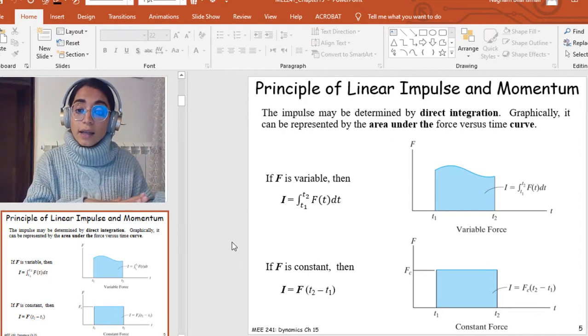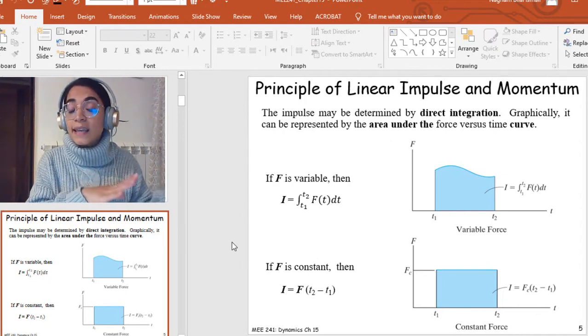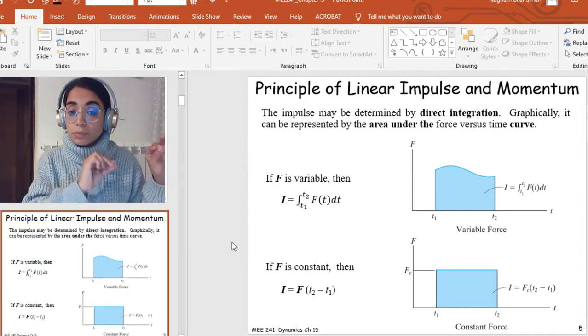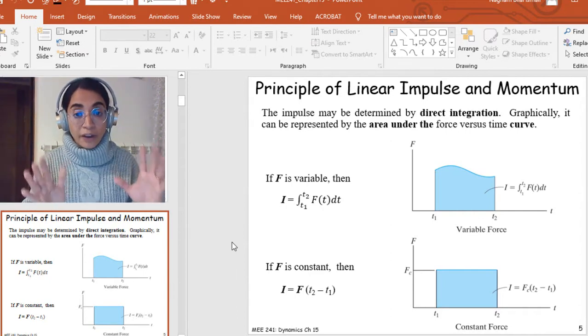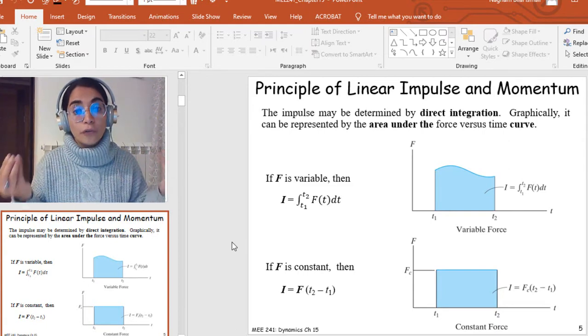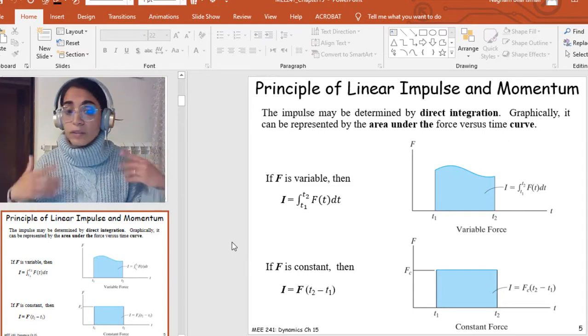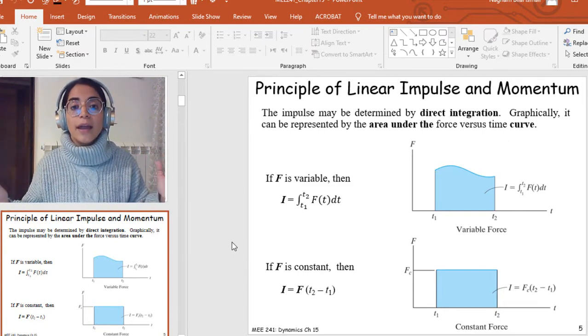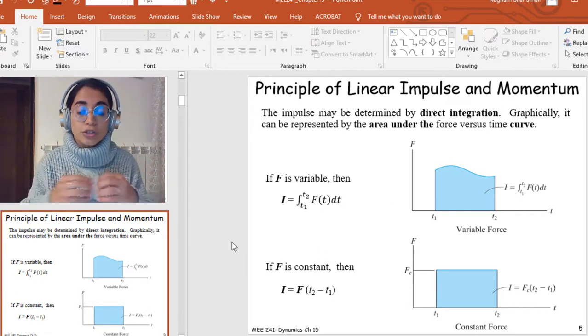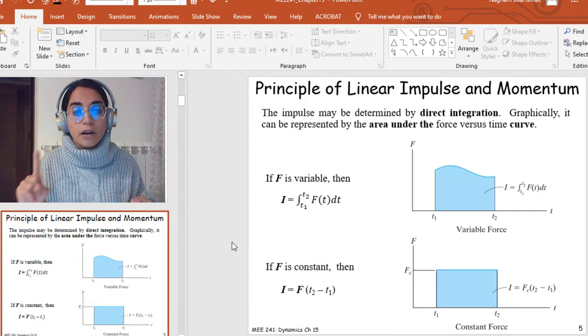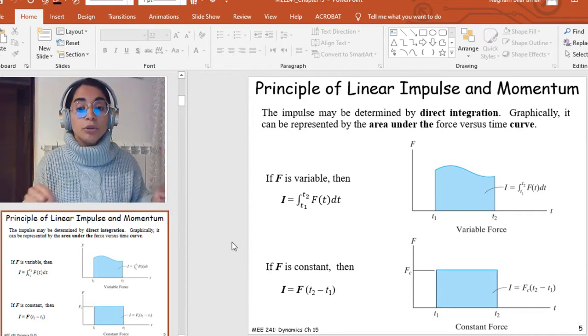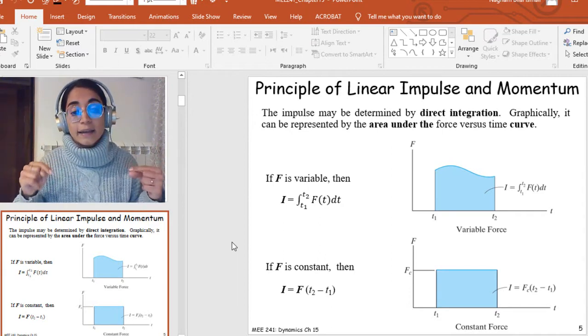As we said, the linear impulse is equal to the integration between t1 and t2 of F dt within an interval of time. So it's the integration of the force with respect to time. What does this mean? If I have the variation of this force in terms of time, I can find this I as the area under this force between t1 and t2.